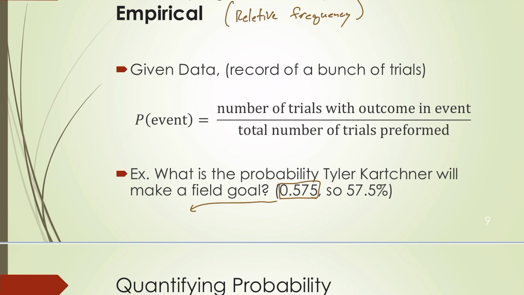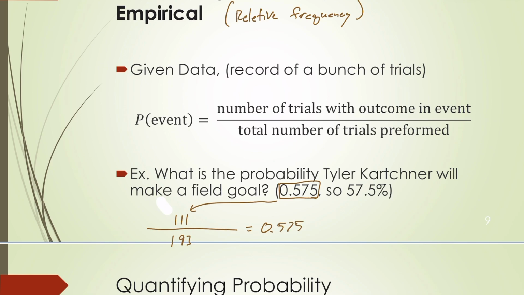Every time it is successful, that counts as a success. In Tyler's case, from all the games that he's played, he has had 111 successful field goals after only attempting it 193 times. And so that comes to this percentage.